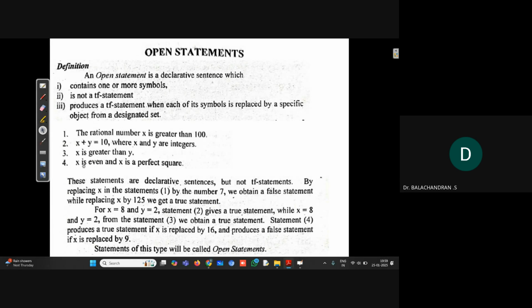If we put 16, then 16 is even and 16 is a perfect square, so it is true. If I replace x by 9, 9 is a perfect square number but it is not even, so it is false. Sentences of these types are called open statements.